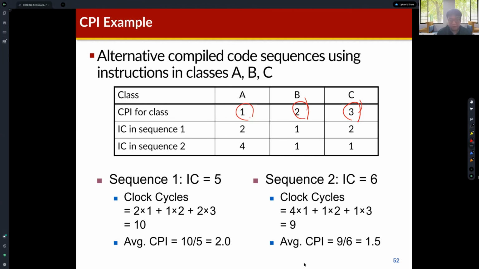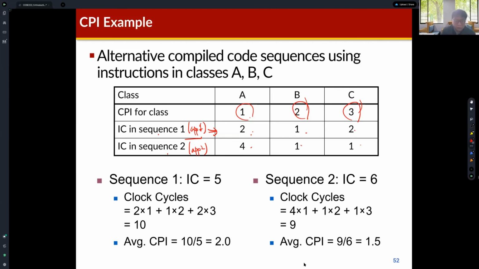And this row represents the instruction count in sequence 1, for some application F1. So the instruction counts are 2, 1, and 2. And then this is a different application F2. The instruction counts in sequence 2 for class A, B, C are 4, 1, 1. And then you are requested to calculate the average CPI for the different sequences.